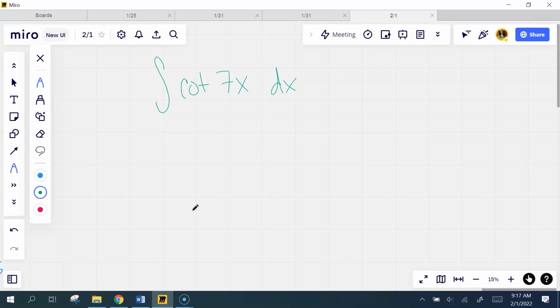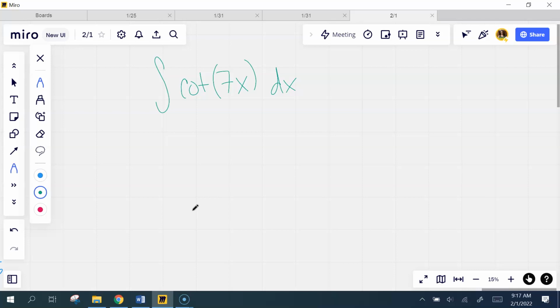Well, you can't take the 7 out because it's hooked to the cotangent. For trig functions? No, you can't do that with trig functions. Okay. Now, when you first look at this, you go, but wait.